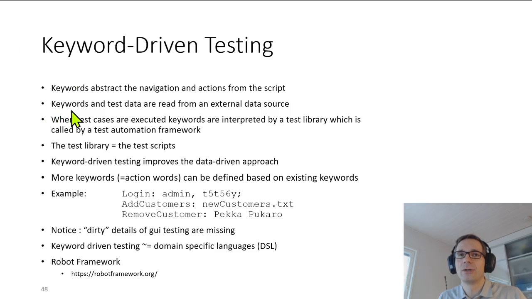So the actions are also read from an external data source. And when the test cases are executed, the keywords are interpreted by the test library, which is then called by the test automation framework. So the test library is actually the test scripts at the bottom of all this that run the actual thing. And this improves the data-driven approach.